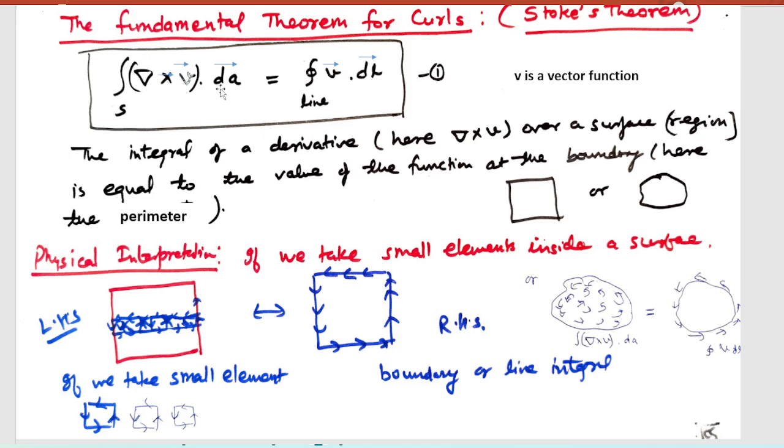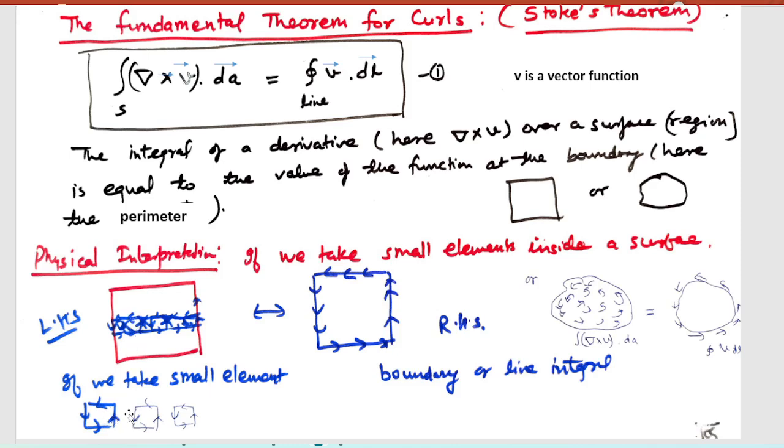So mathematically we can say that curl of V dot dA equal to line integral of V dot dl, and physically we can say that if we have the curl of a vector, if we take very small areas, and if we have one small area here, one small area here, one small area here, so these common directions will cancel.